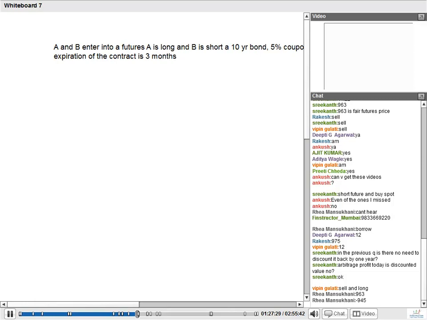So the contract is that 3 months later, A will buy this exact bond, the bond as described above, and pay a price of $102. It is a right as well as the obligation.